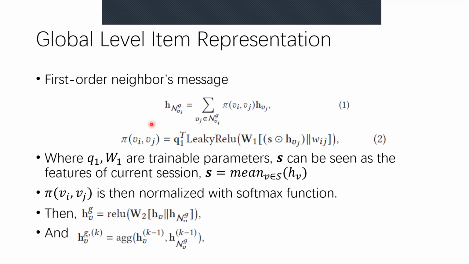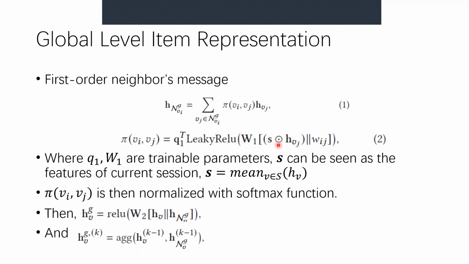First order: for each node Vi, it sums all its neighbors' information. Here pi is the attention score between Vi and Vj, and it's calculated in this equation. Q here is a learnable parameter, and I think L is the layer number. W is also a learnable parameter.